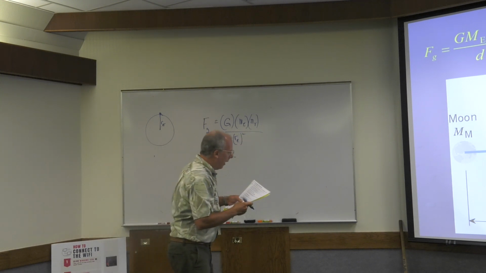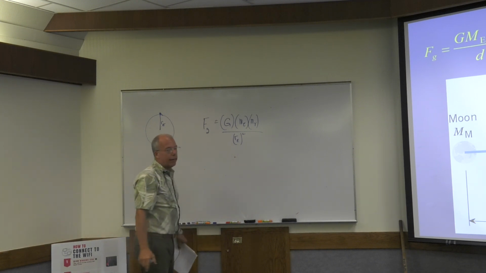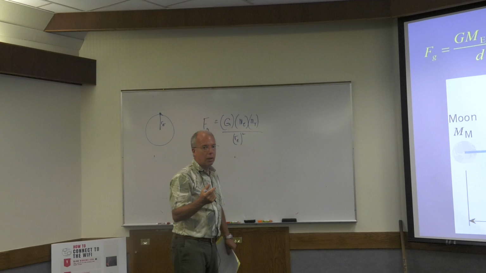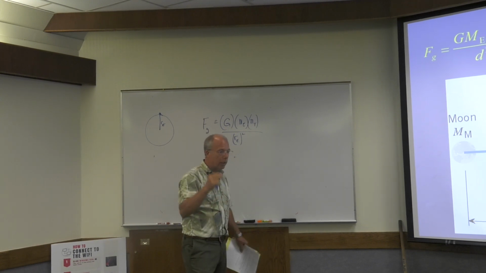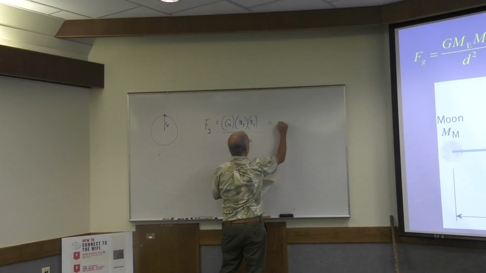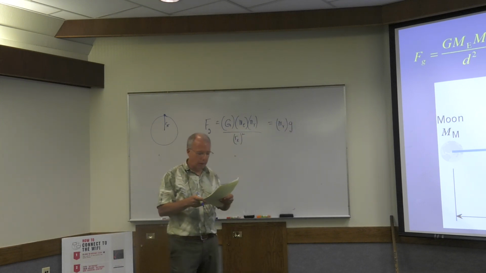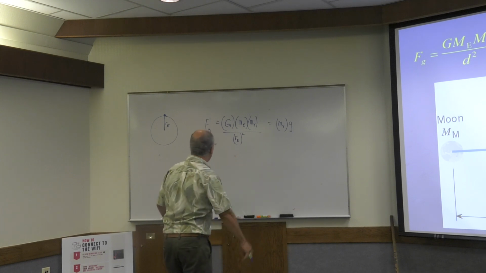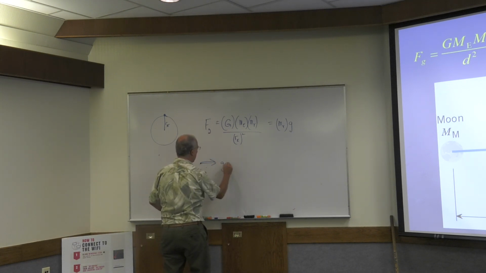Now, wait a second. This is true, but we have a simpler way to write it. What's the force of gravity between you and the Earth? It's your weight. And what's the equation for your weight? It's just the mass of you times g. So therefore, what is lowercase g?